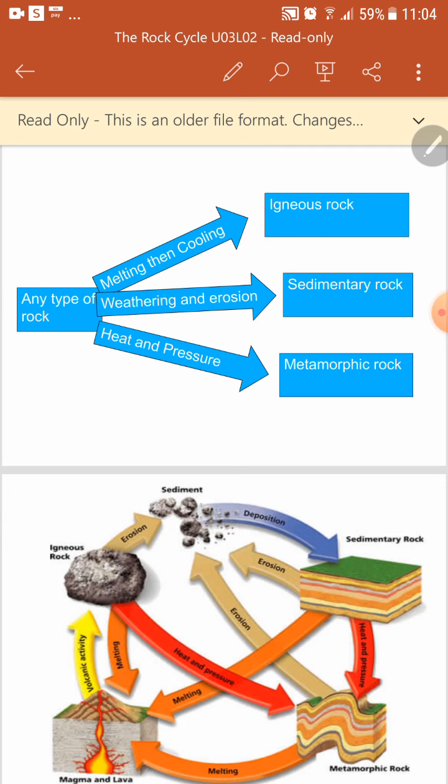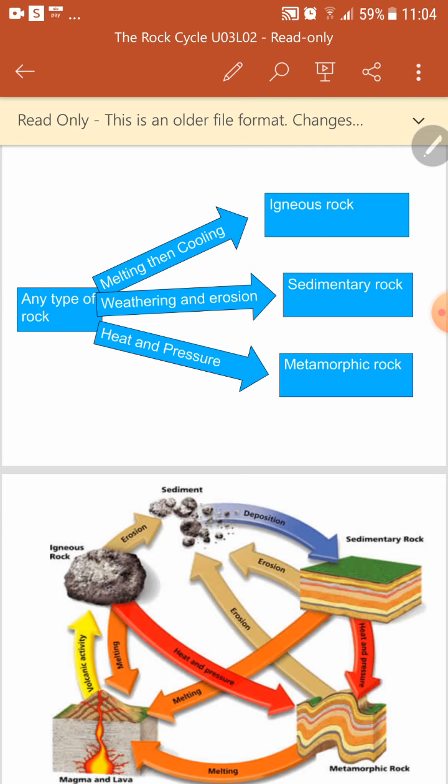Any type of rock, igneous or sedimentary or metamorphic, if it was above the earth surface and exposed to the factors that weather the rocks. What is weathering? We said it is the breaking down of the rocks into small sediments. Finally, these sediments will be eroded from one place to another, erosion.